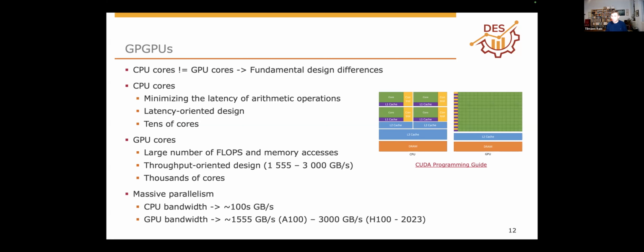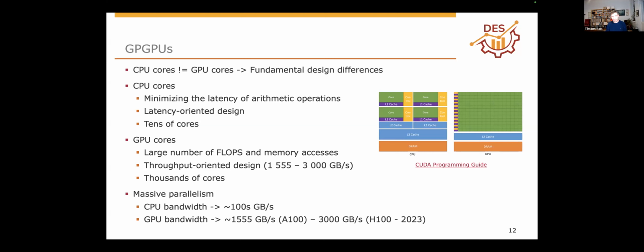GPUs have many more cores than CPUs, but they have a lot less infrastructure for decoding and encoding instructions. So a lot of cores will do the same processing in parallel on different units, but the same kind of computation in a sort of lockstep or interleaved manner.